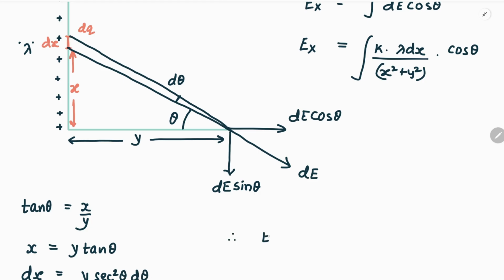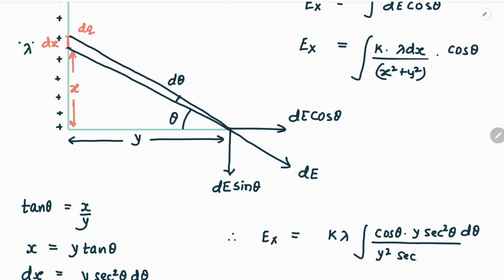Therefore in the x-axis direction we can write the expression as k lambda integration of cos theta, dx written as y sec square theta d theta, upon x which is y tan theta, so y square tan square theta plus y square. So 1 plus tan square theta is sec square theta.